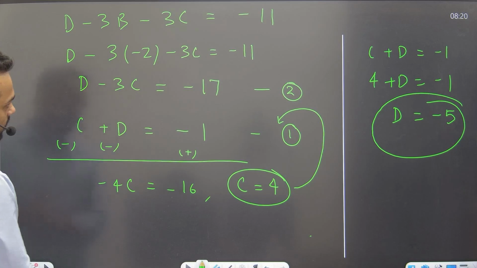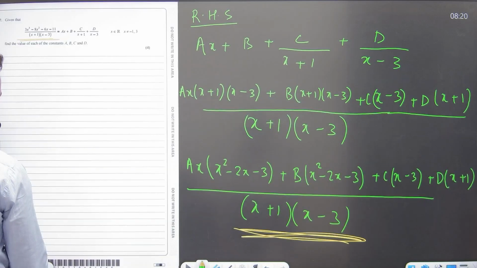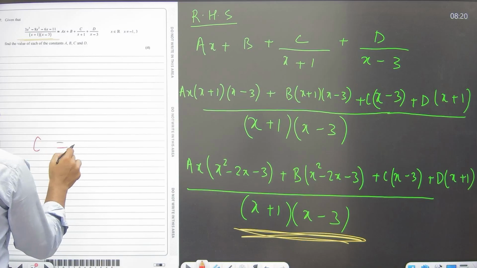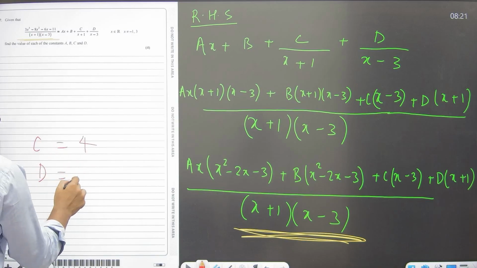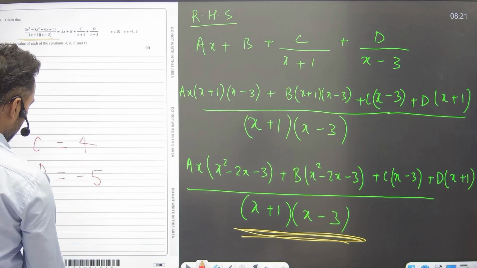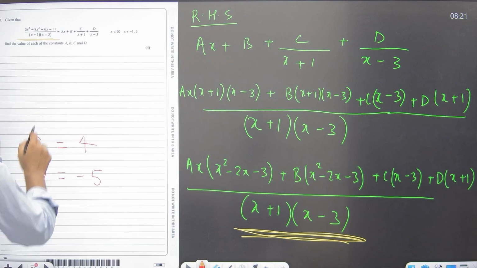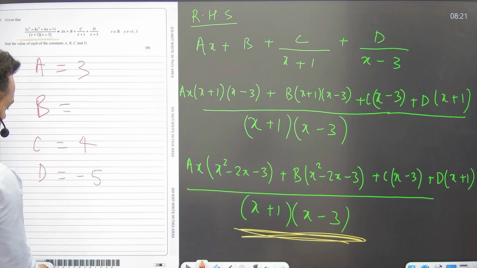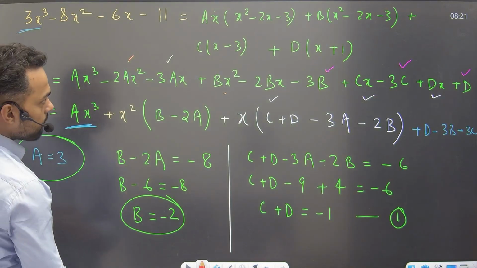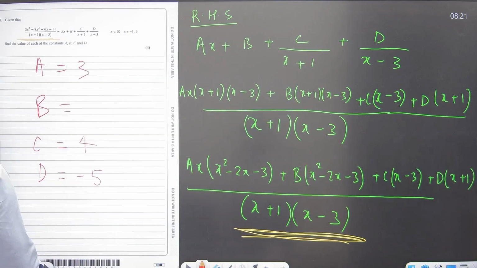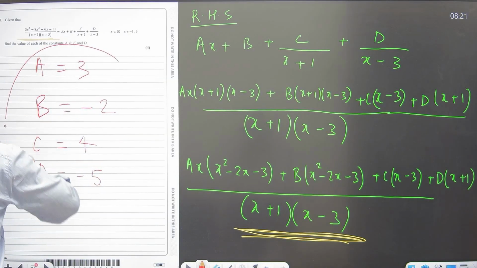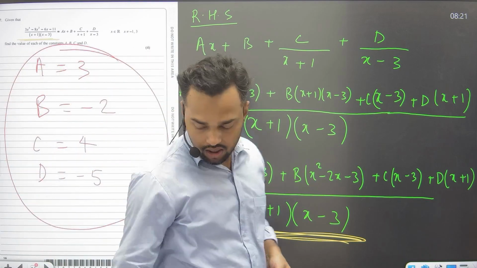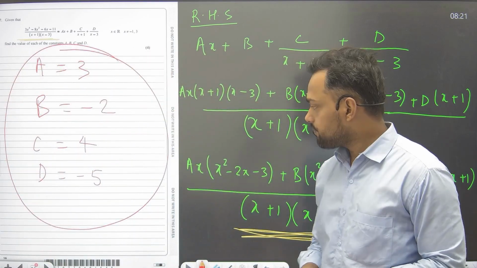C is 4, d is minus 5, and a we have got as 3, and b we have got as minus 2. So these are the values of a, b, c, d which they have asked for, students.